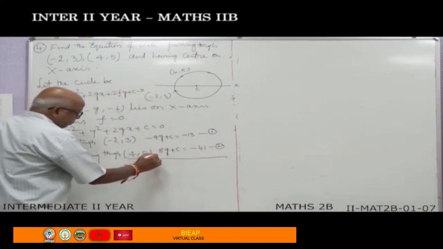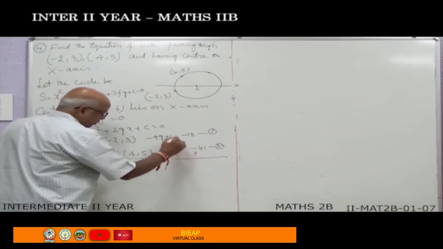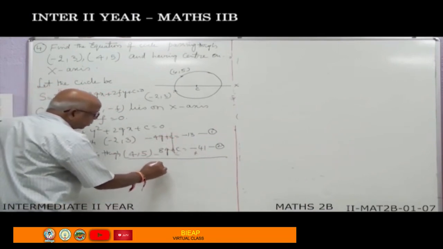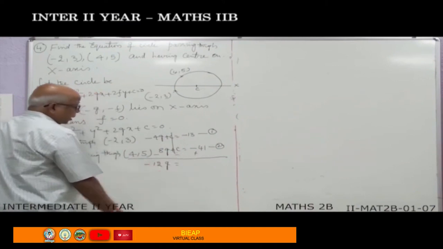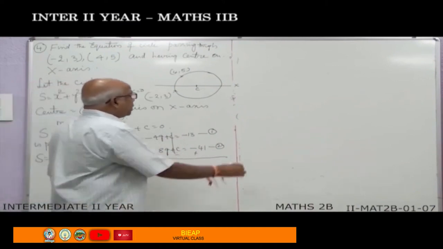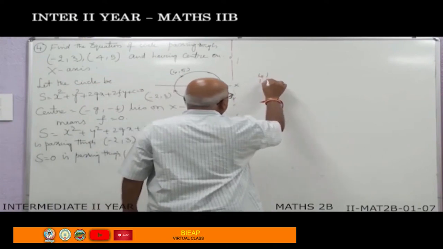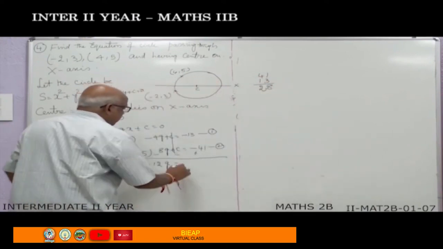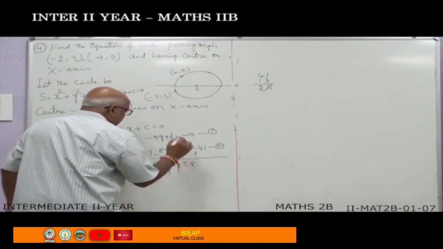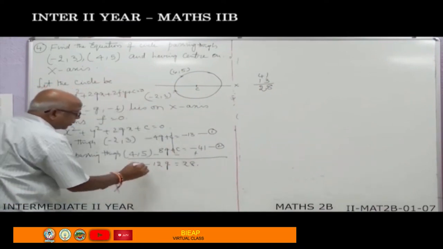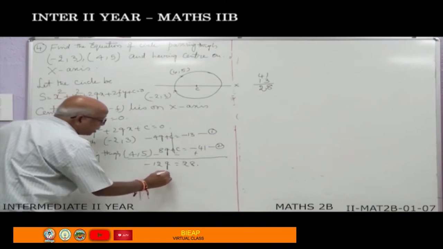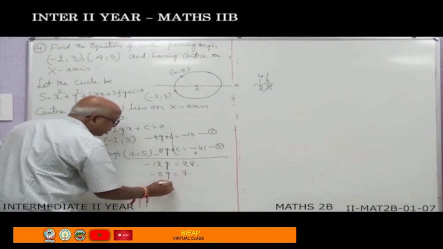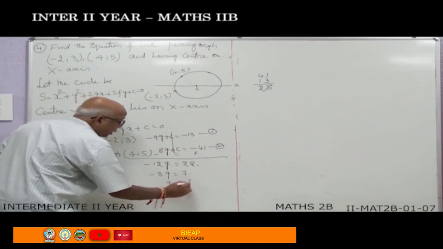Minus, minus, plus. C cancelled. Minus 12G equal to minus 13 plus 41, 28. In this we can cancel 4: minus 3G equal to 7. G equal to minus 7 by 3.